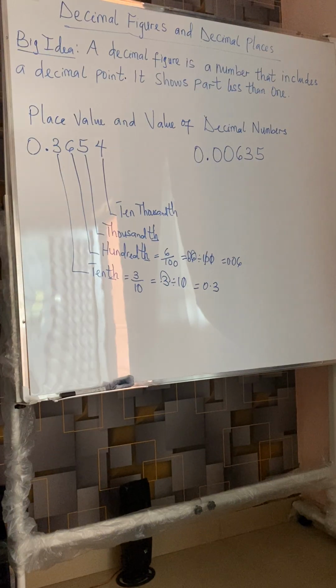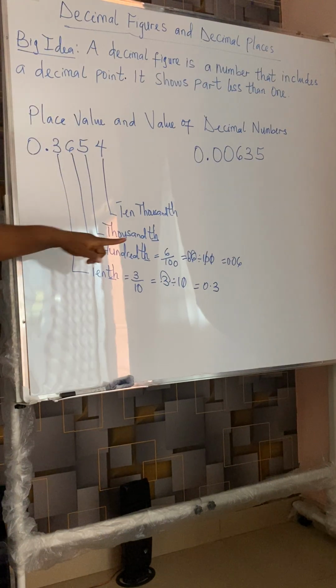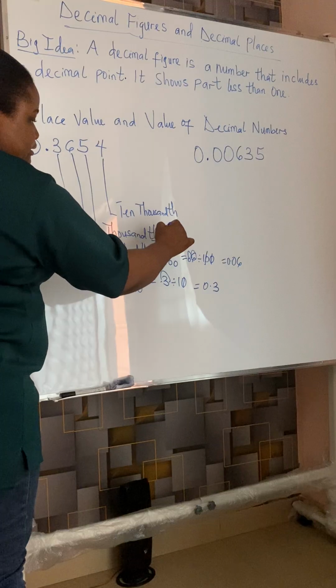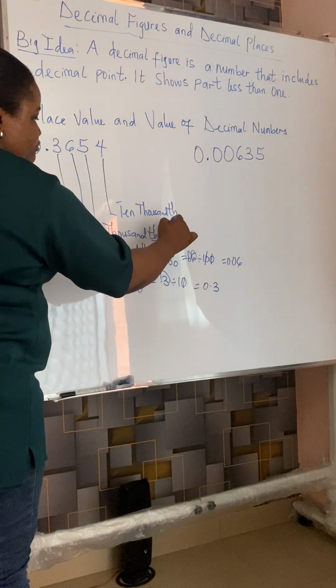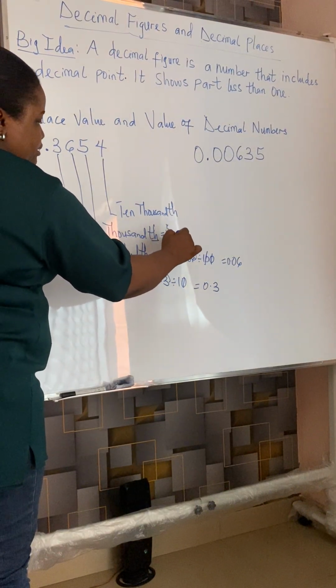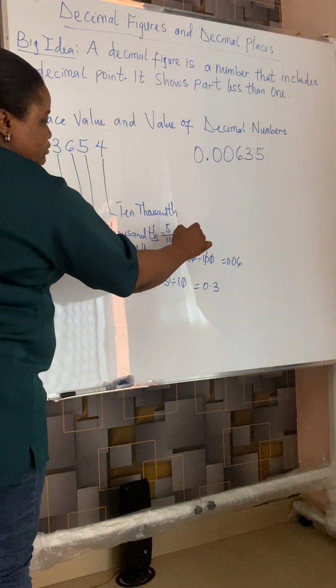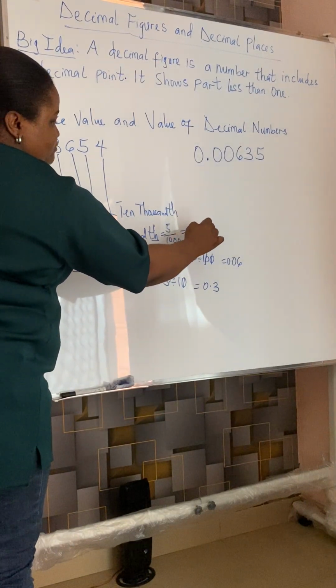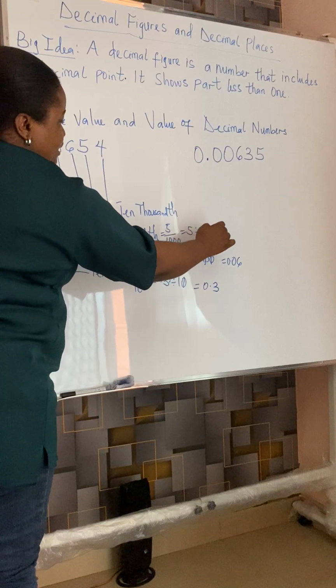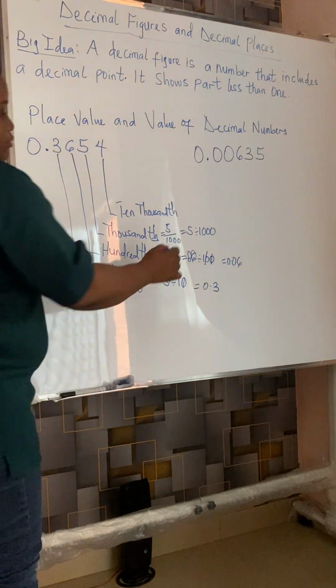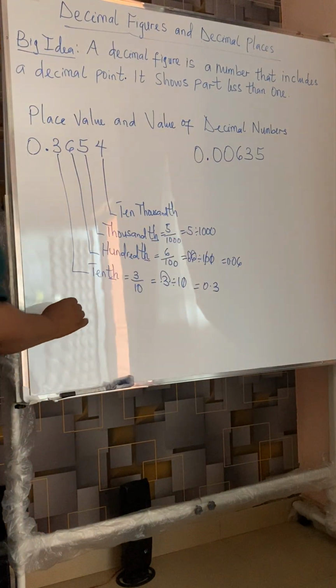For the 1000th, I have 5 for the 1000th. So this is 5 over 1000, which is the same thing as 5 divided by 1000. This 5 here, okay, let me bring it out.